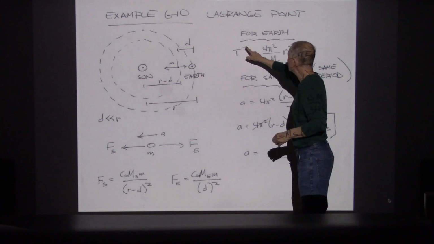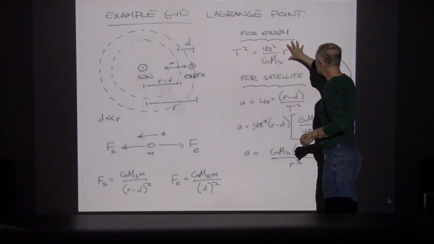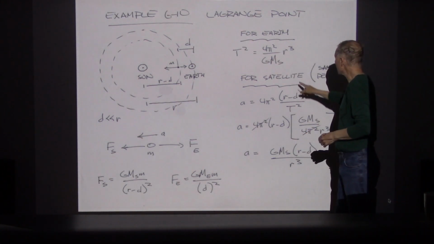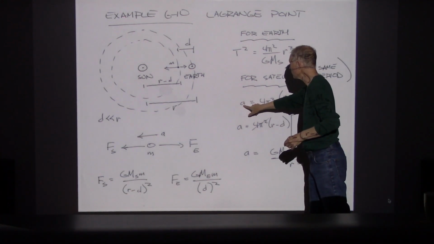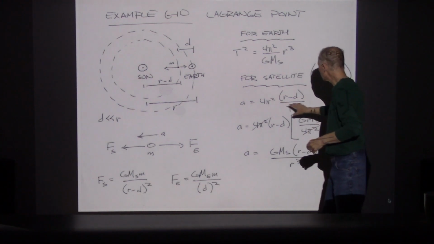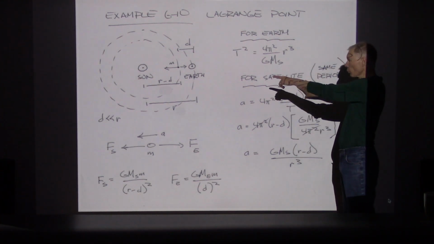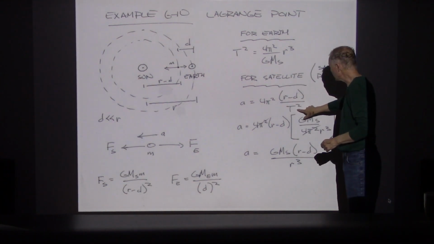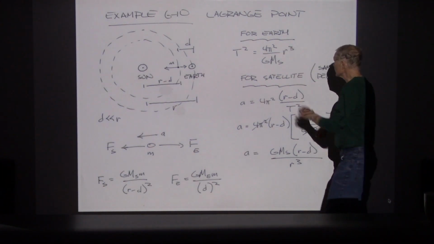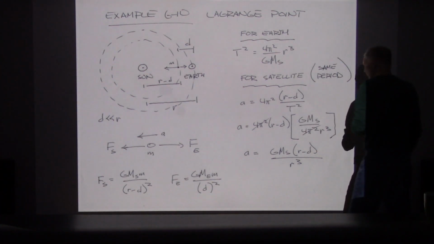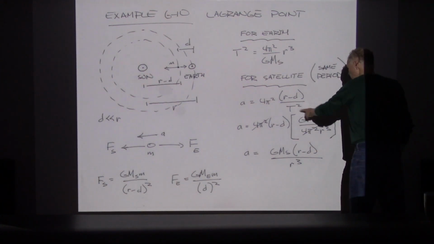So the Earth's period is given by this expression. Now, for the satellite, the acceleration that we're looking for would be 4 pi squared times the radius of its orbit divided by the period. But for the period, we're going to use the Earth's period. So we're going to take this expression and substitute it into this formula.